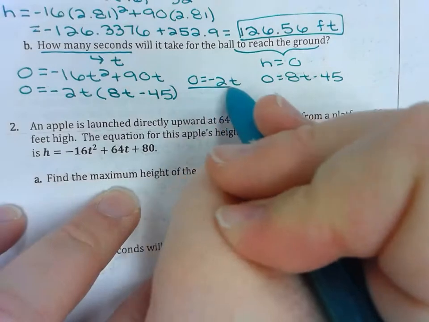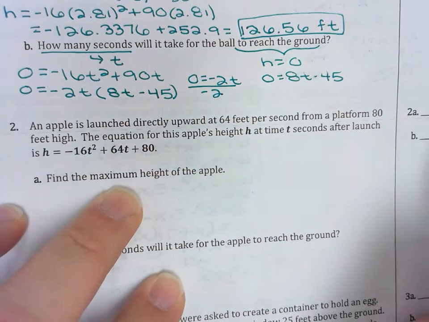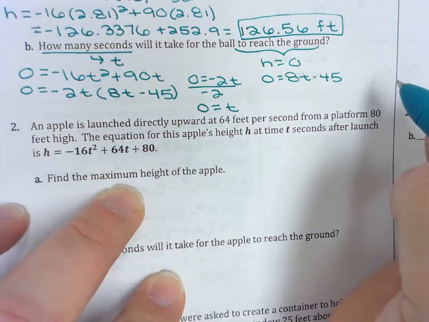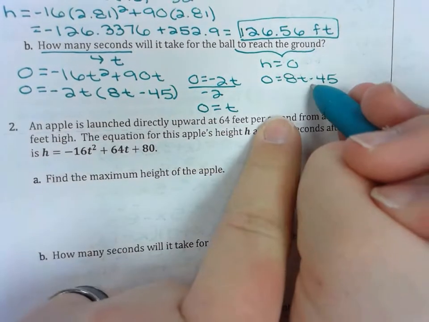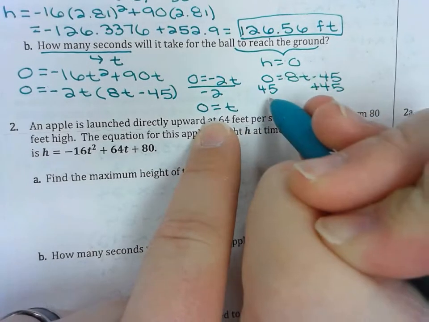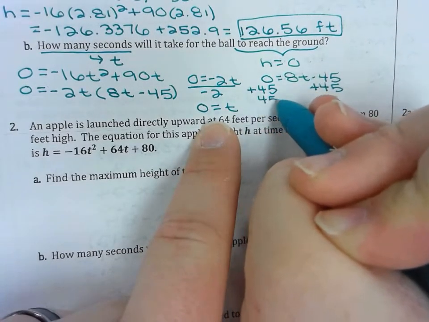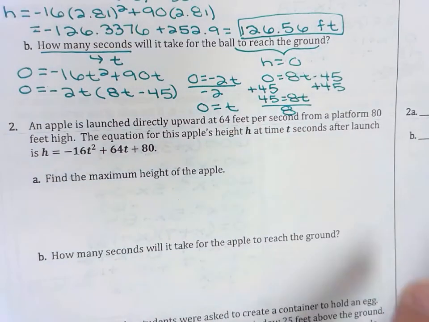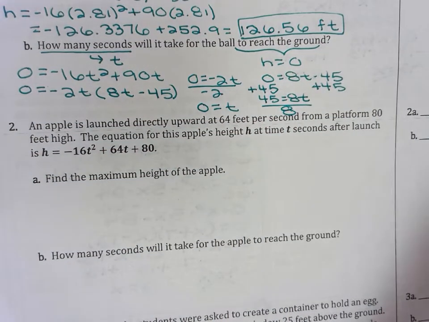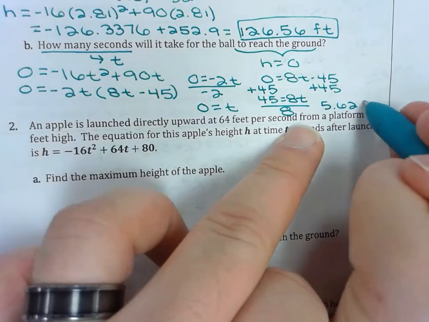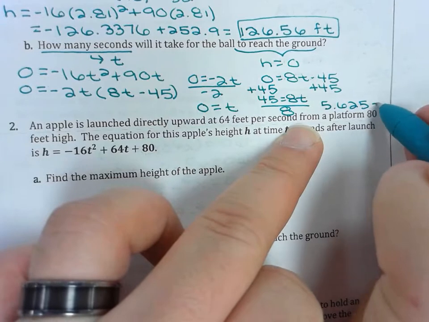So divide by negative 2: 0 equals t. And then let's solve the other: add 45, so 45 equals 8t. Divide by 8. What did you get? 5.625 equals t.